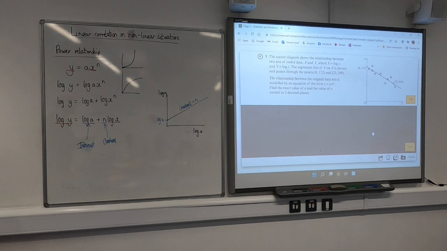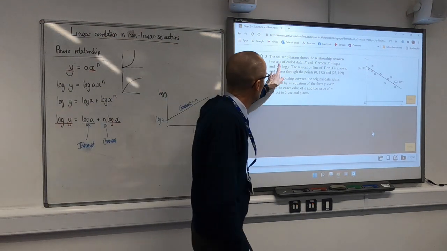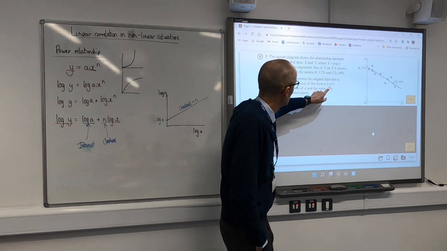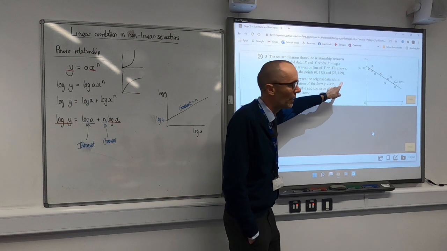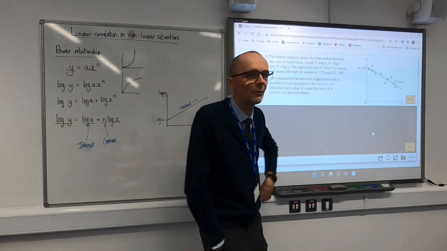How can I tell that this question is one that's about a power relationship rather than exponential growth? Well, it's buried in the question. All the way through the question we get to here: y equals ax to the n. That's not exponential growth because x, the variable, is not the power, it's there. So this is a power relationship.